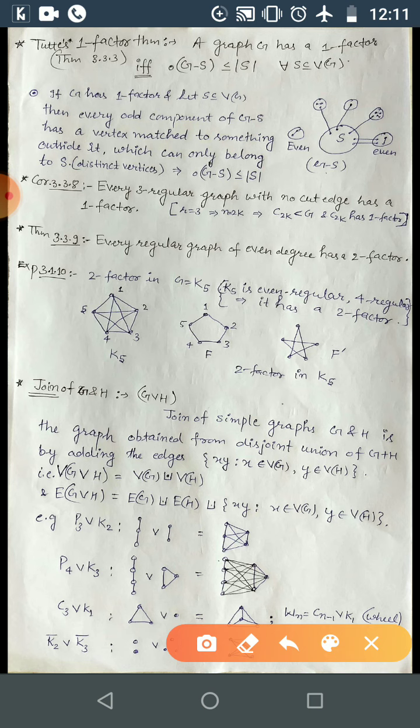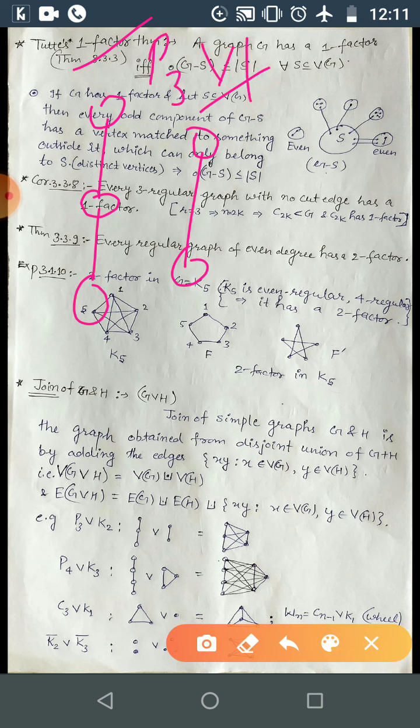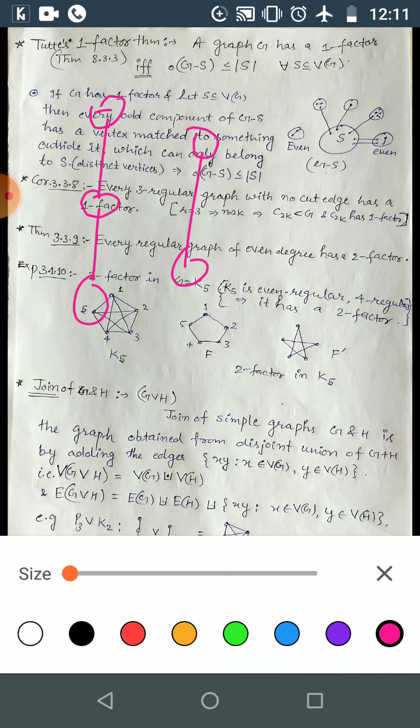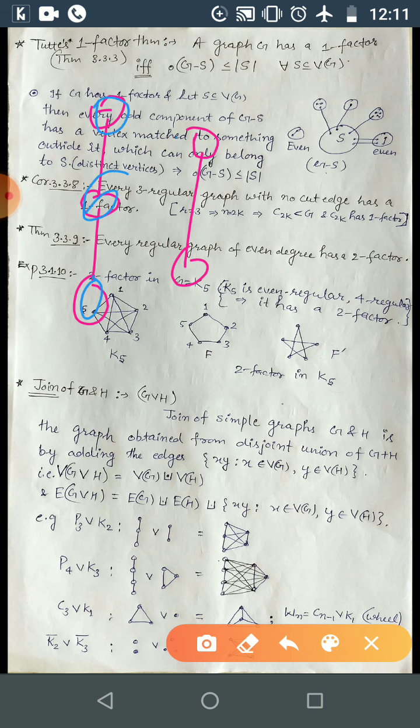You can take the example of P3 and K2. This is P3, this is K2, and you want to form P3 join K2. All the vertices will be there, and all the edges of G and all the edges of H will be there.